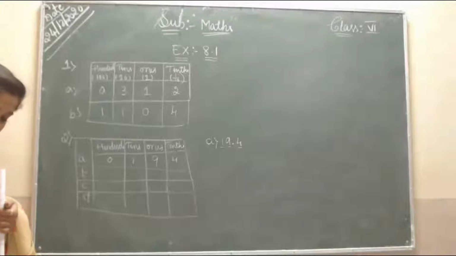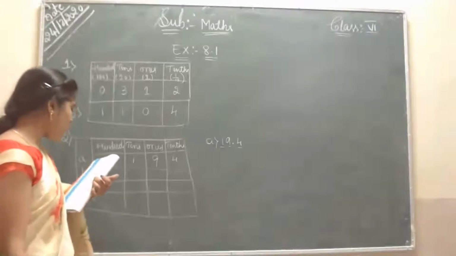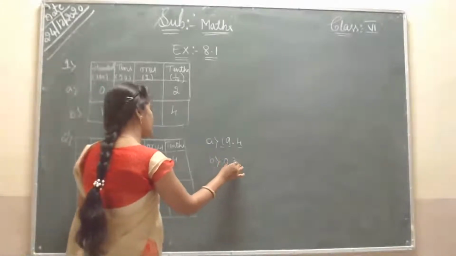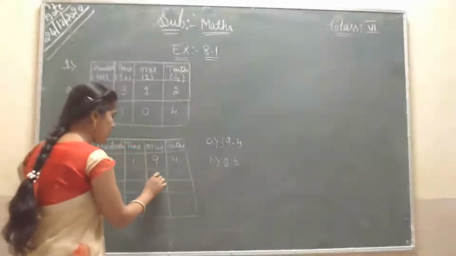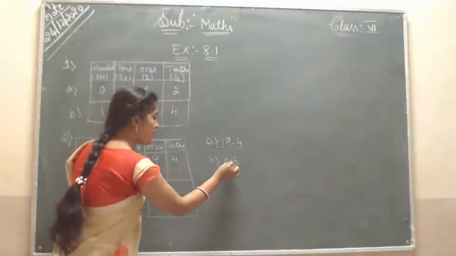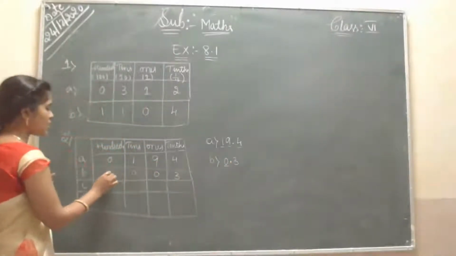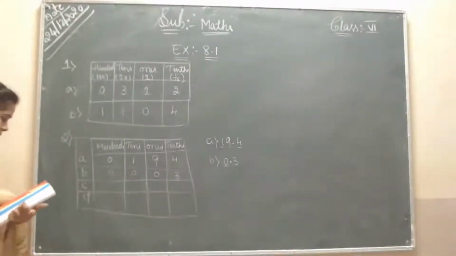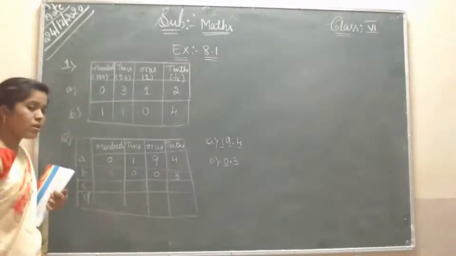Next, coming to the B part, second one is 0.3. This 0 is in ones, and after the decimal, 3 is in tenths. So here there is nothing, so we keep 0. Understood?